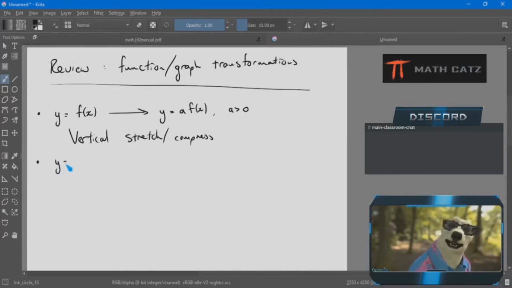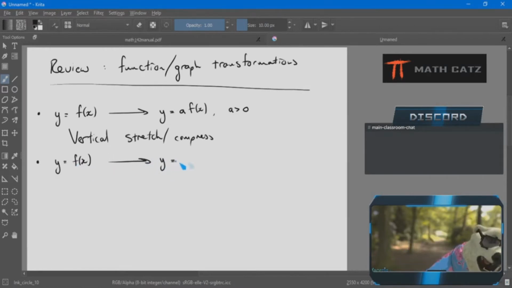Next, and these can be shuffled around. If I have some function, it could be y equals x squared, but it's not limited to that. And I multiply the whole right-hand side by -1. Again, that's a vertical effect on the graph.